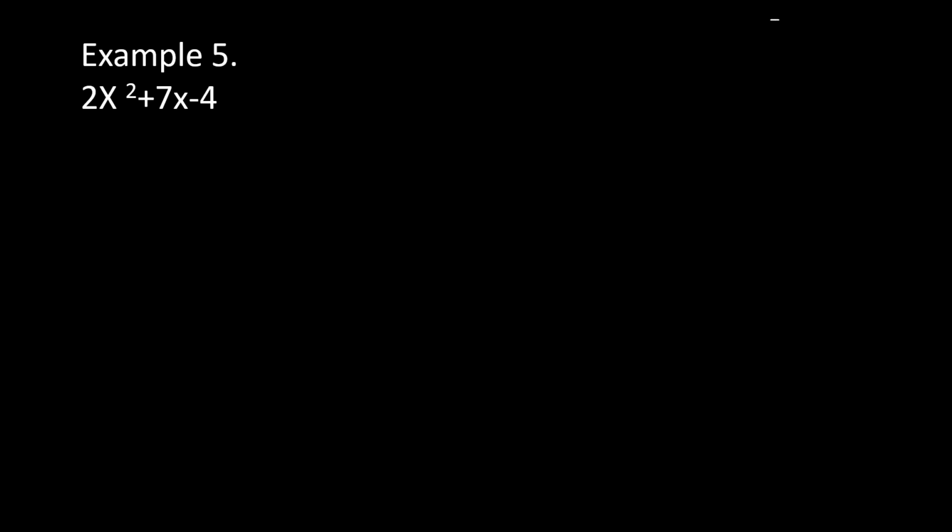In this question again, write the middle term. Try to split it into two terms whose sum should be 7x and product should be equal to minus 8x square. Don't get confused after seeing the 2 here. The method is just the same. Again, the first and last term multiplication is minus 8x square. Now we have to find the factors.